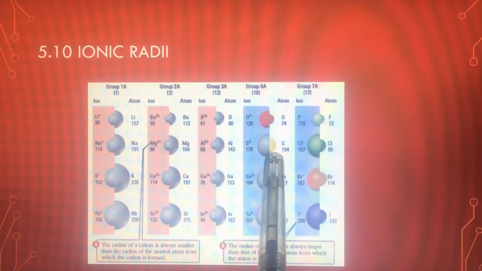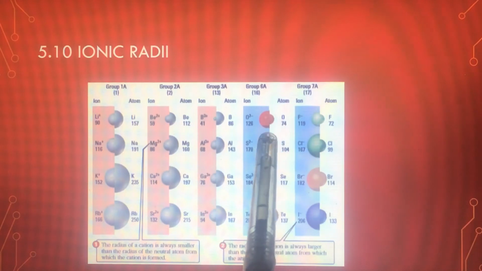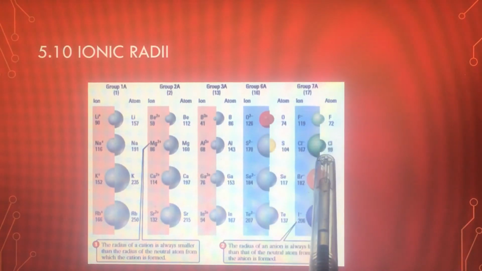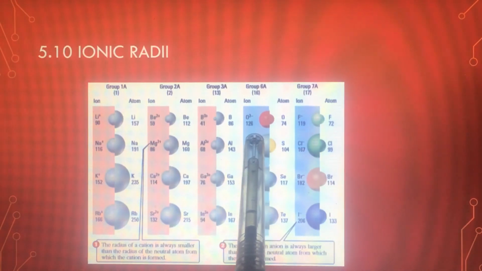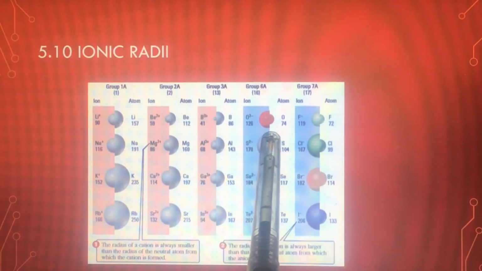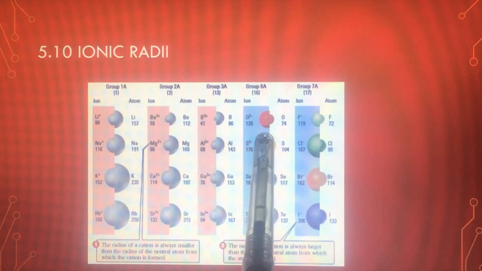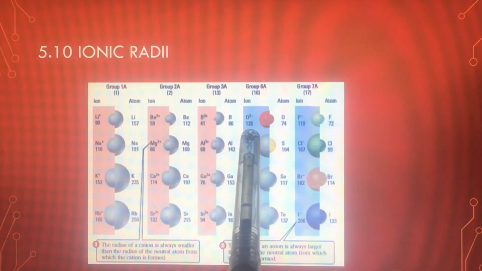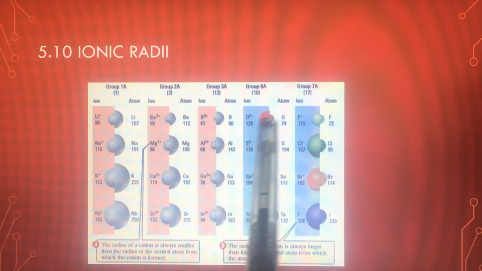For the anions, we have group 6A and group 7A. We have here oxygen. Oxygen, from 6A, will gain 2 electrons, so this will be 126 picometers.